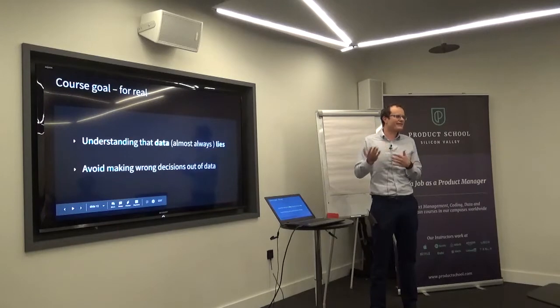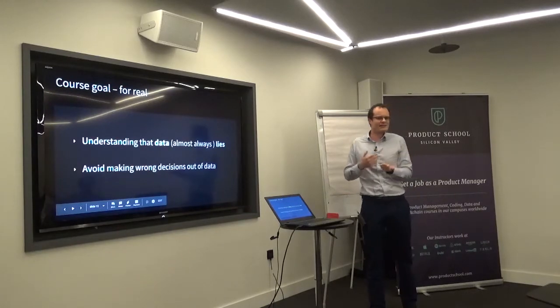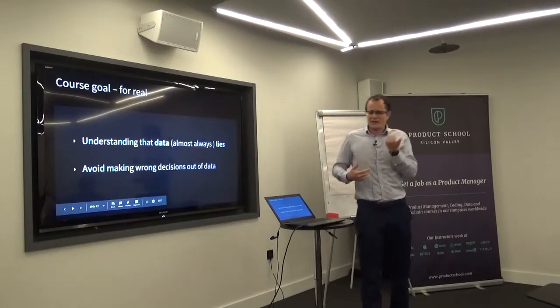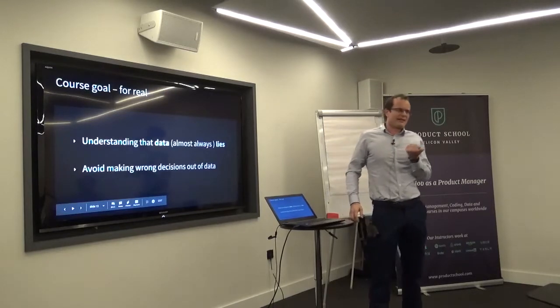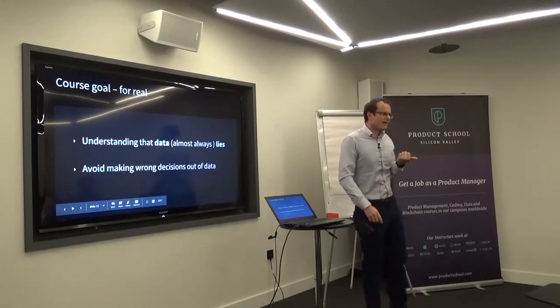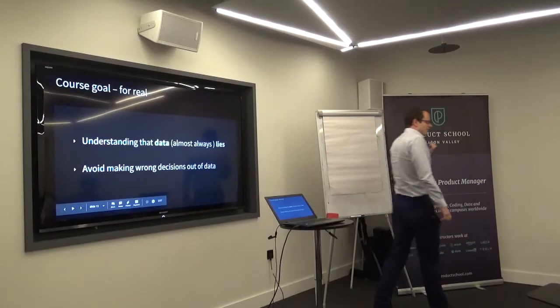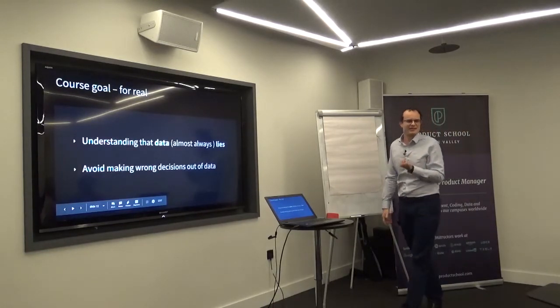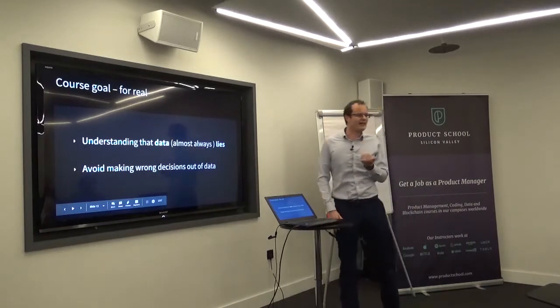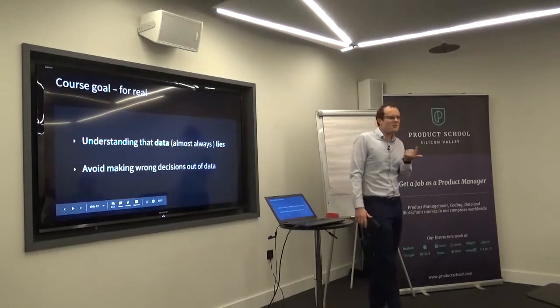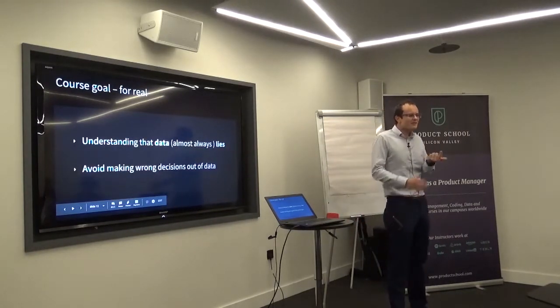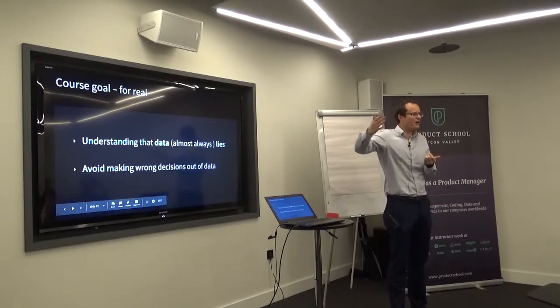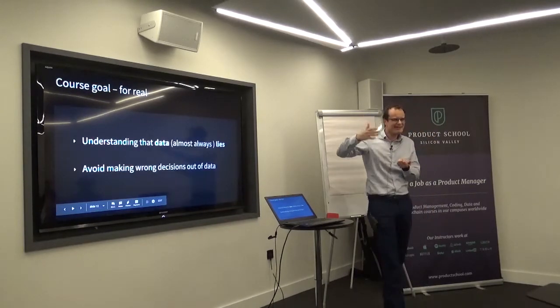Because the way that I see it, if you want to work with data, there is one way that is the hard way, which is really to make the right decision with data. And I think that's really hard, especially in business. But then there is the easy way. The easy way is to try to show that someone else is wrong, that someone else is making the wrong decision.